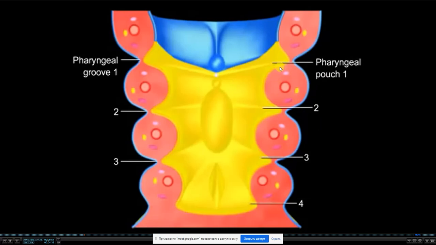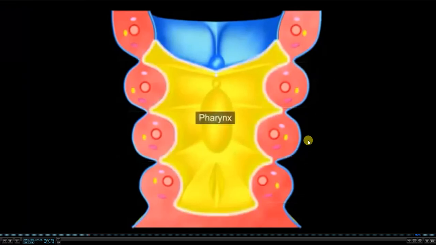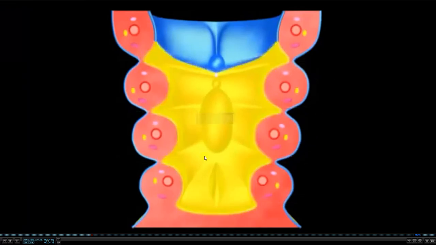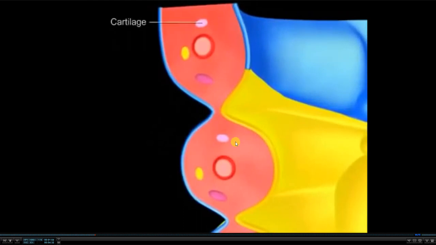And the pharyngeal pouches are responsible for intrapharyngeal structures present in the respiratory tract and digestive tract here. The pharyngeal pouches are 1, 2, 3 and 4 only, so the fifth one is absent. This is known as the pharynx.